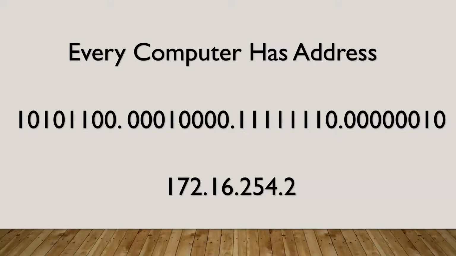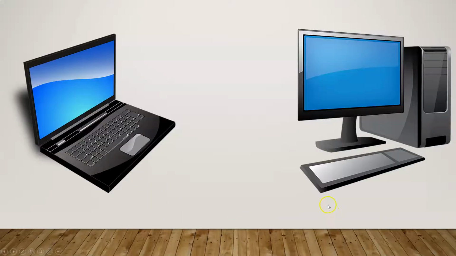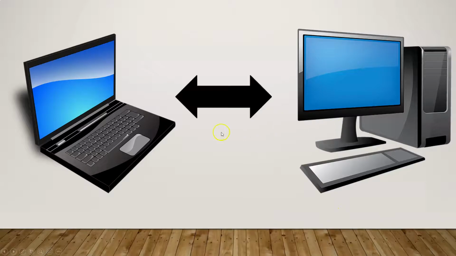Protocol is nothing different than a way of communication. So in TCP/IP protocol, the unique identity for a computer is called its IP address, and the IP address is represented by these 4 bytes.